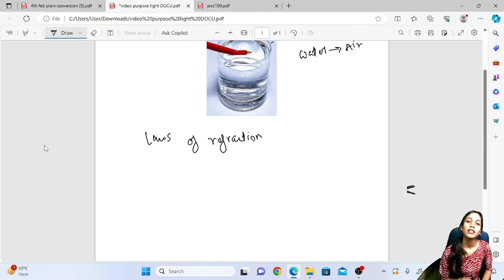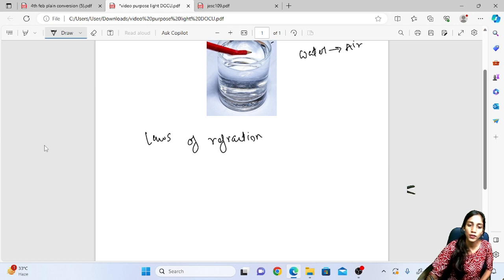We know that the angle formed by the incident ray and the normal is called the angle of incidence, and the angle formed by the normal and the reflected ray was called the angle of reflection. Over here, the angle formed by the normal and the refracted ray is called the angle of refraction.